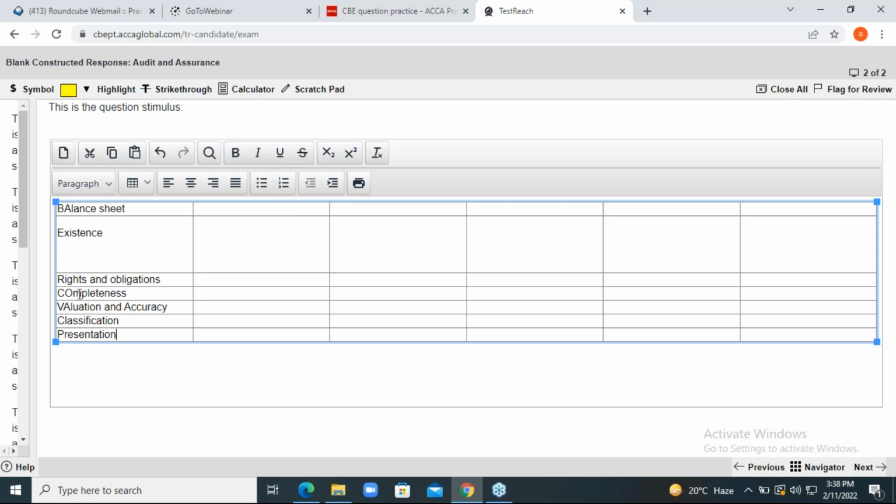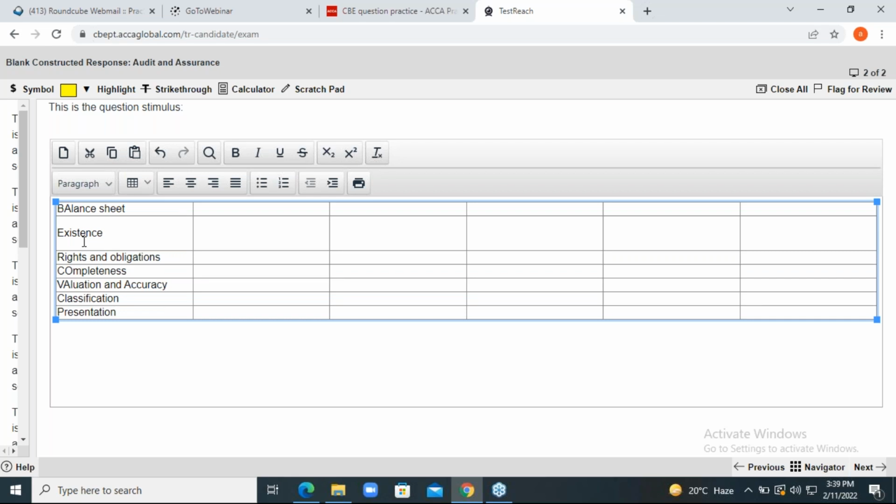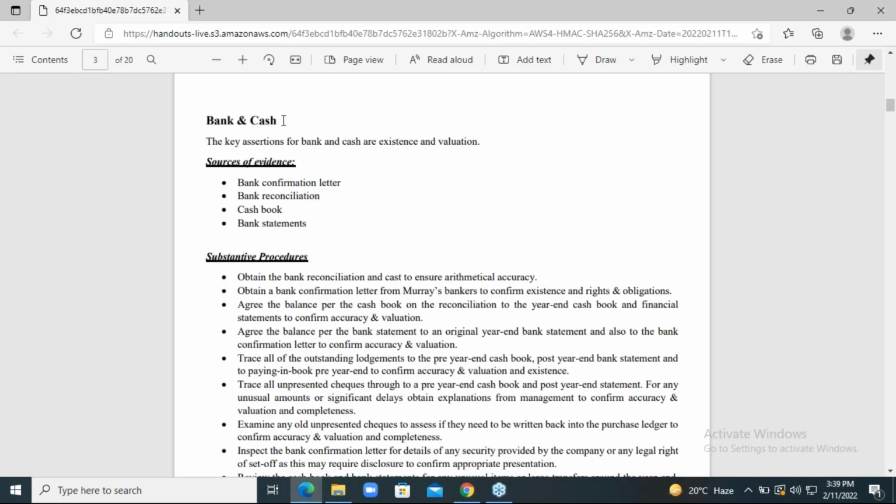So these are some of the assertions that you should memorize, and you should be able to identify the difference between them. So this is very important. Now, how you are going to conceptually understand the procedures of different heads like bank and cash.